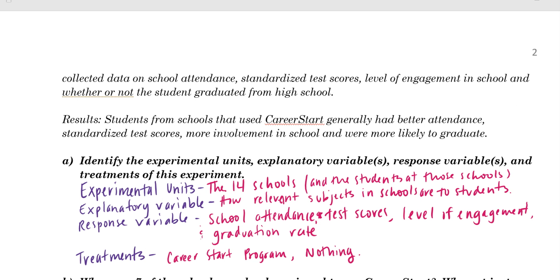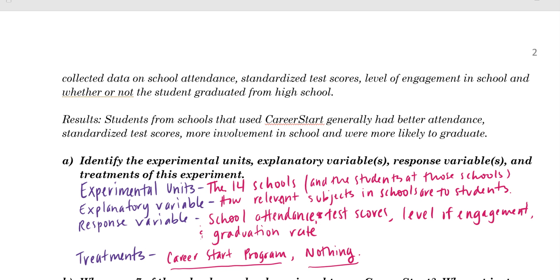It's actually sometimes easiest to start with the treatment, because that's usually pretty obvious from what they explained. So think of it this way. Our treatment was either the school had the Career Start program or they didn't. They didn't do anything. And so the question becomes, who is receiving the treatment?